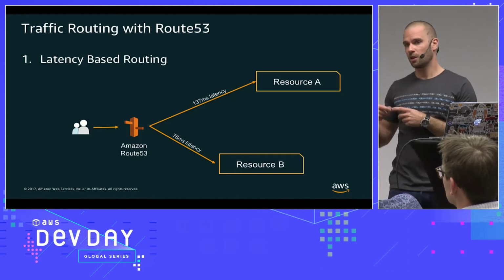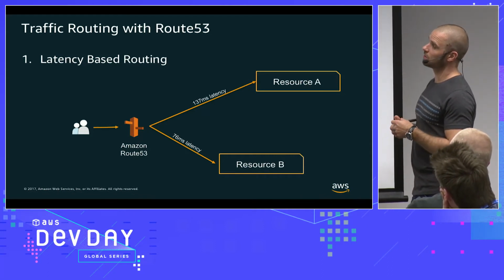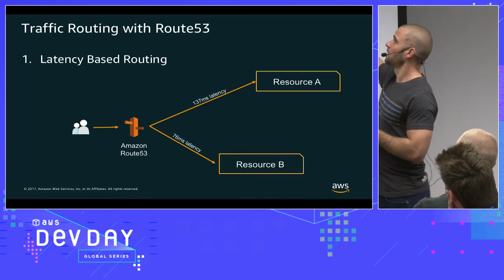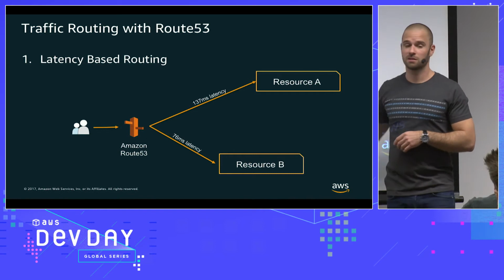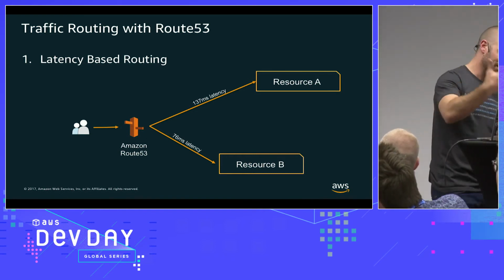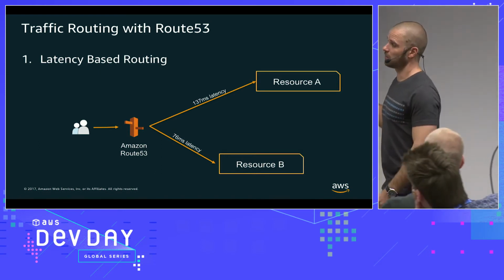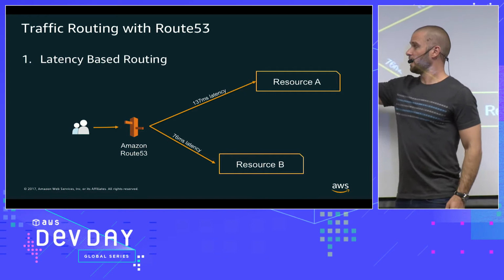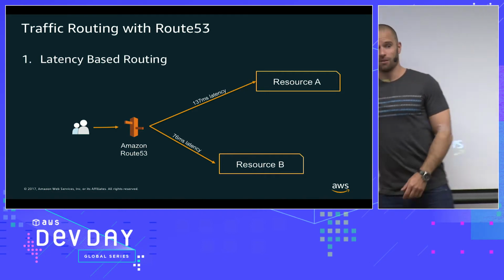The first routing capability is latency-based routing. So say you have two resources that are similar and in different regions, the request will be routed to the lowest latency. Right? So if my end user is in Asia and this resource is in Asia, it means it's going to have a lower latency.